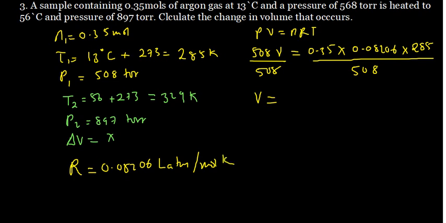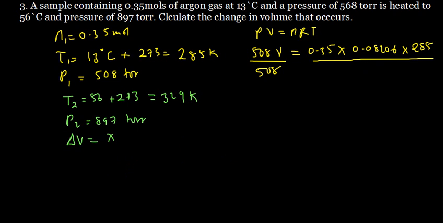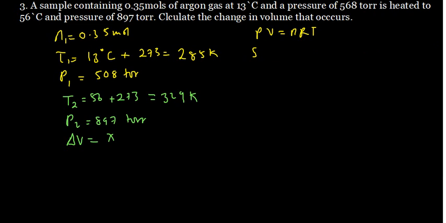Now the pressure that we have is not in atmosphere, it is in torr. So I should have first converted the pressure to atmosphere, otherwise the universal gas constant that I'm using has atmosphere. Now the pressure is in torr, so that is going to give us a wrong answer.